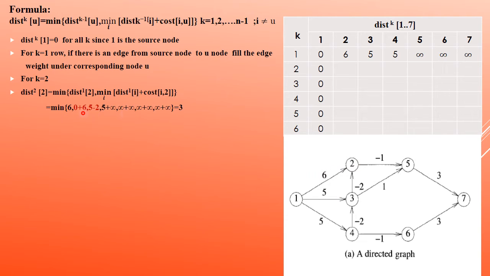Yes. So add the previous distance of node 1 to this: 0 plus 6. Then the previous distance of 3 is 5, plus: is there an edge from 3 to 2? Yes, that is minus 2. So 5 plus minus 2 is 5 minus 2.